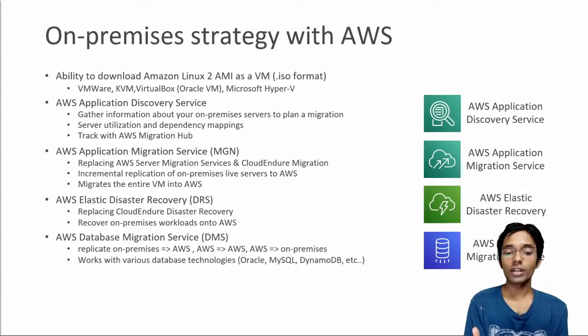And then finally, not mentioned in this lecture, but you know about it already, is the AWS Database Migration Service, or DMS, which is going to be used to replicate your on-premises servers onto AWS, or from AWS to AWS, or even from AWS to on-premises. And this is for databases only, of course. So it works for Oracle, MySQL, DynamoDB, etc.